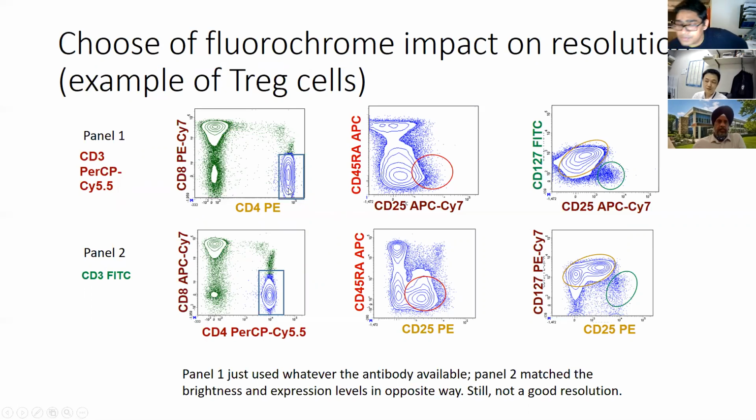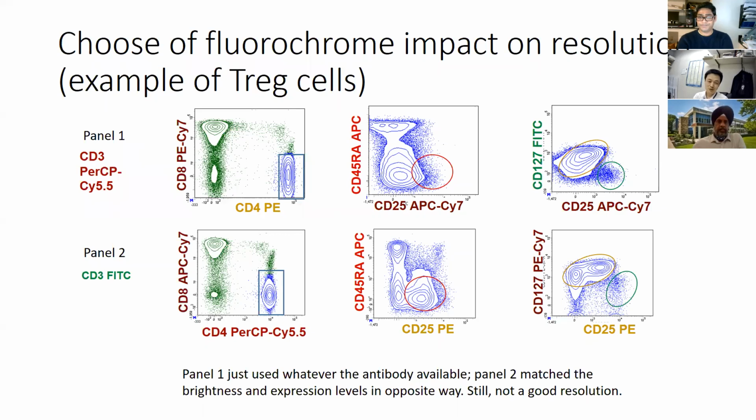Then out of CD4, they're looking for either CD45RA and CD25, or CD127 and CD25. So the first row uses whatever antibody is available, without considering anything else. That's the final result. It's very similar to the publication result I just showed you.